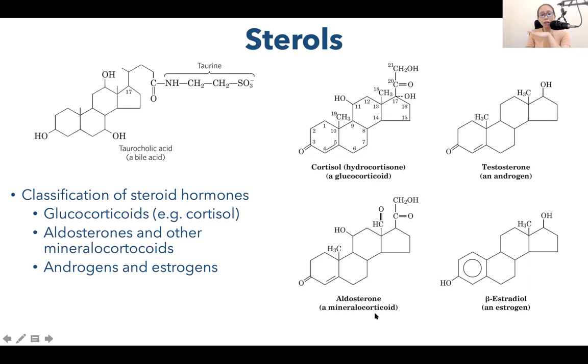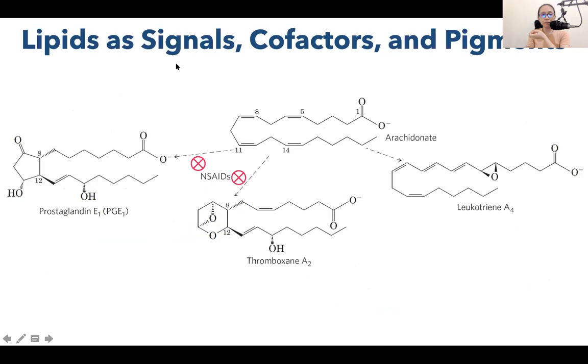Pag mineralocorticoid, ang kinokontrol niyang hormones na yan ay salt and water excretion. So more on the kidneys, the action of your kidneys. And of course, we are familiar with the role of your androgens and estrogens. Yon. So we've seen the functions of your lipids.